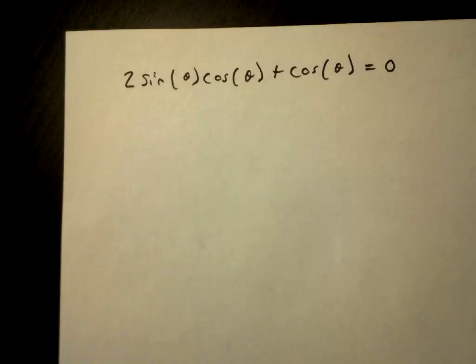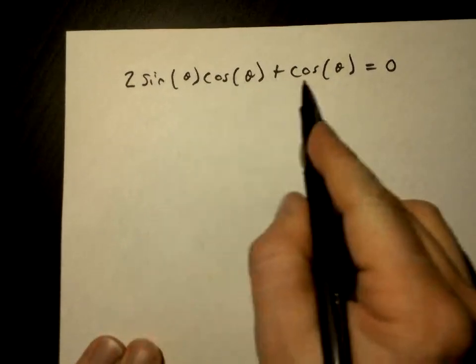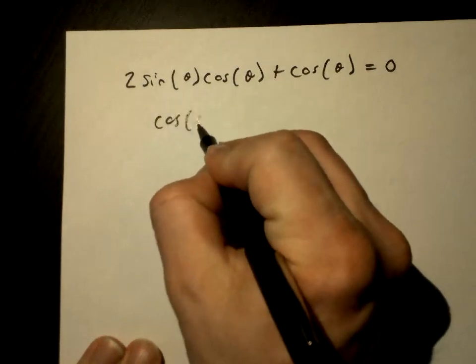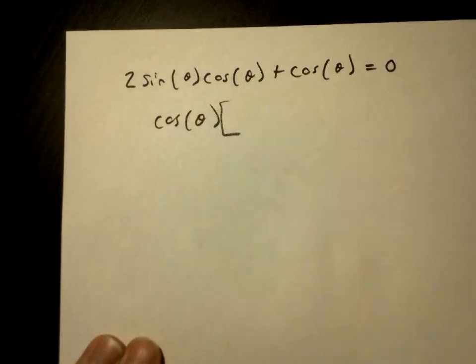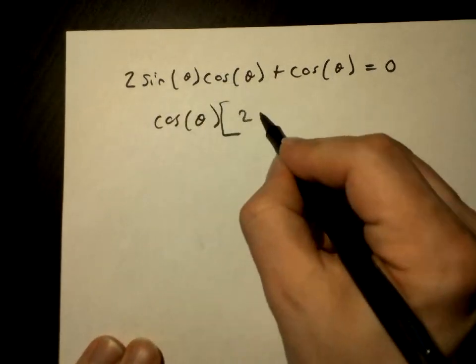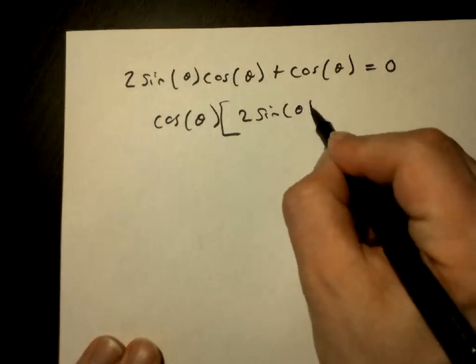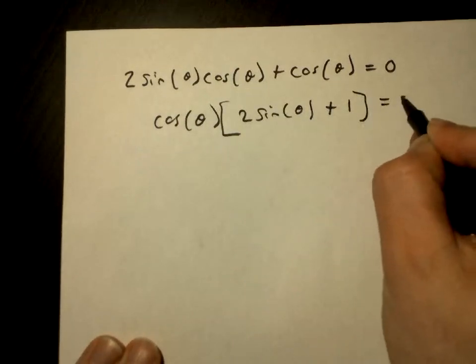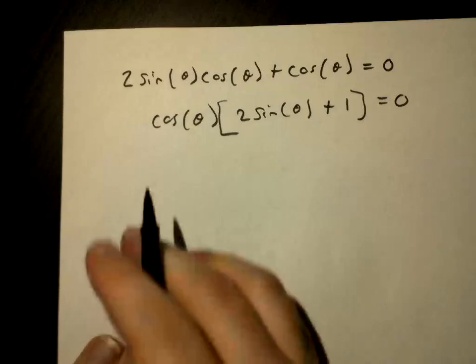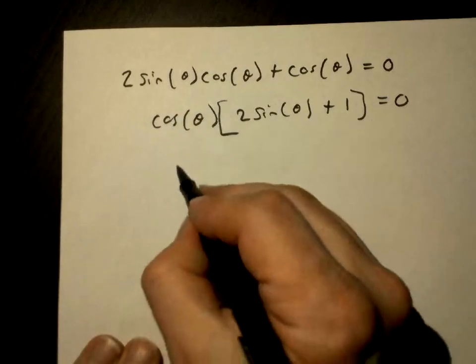Last one. Take a cosine out, because I have cosine and cosine. So that's going to give you cosine theta times 2 sine theta plus 1 equals 0. And remember, zero product property.